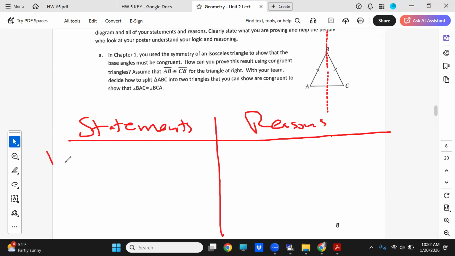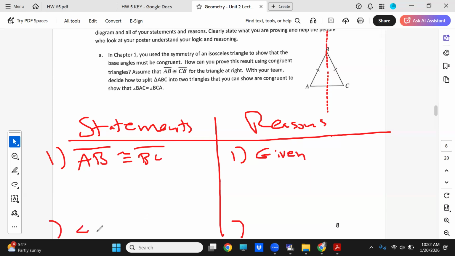All you know so far is that side AB is congruent to side BC. That's given. This we know. We want to prove, I don't know how many steps we need, that angle BAC is congruent to angle BCA.